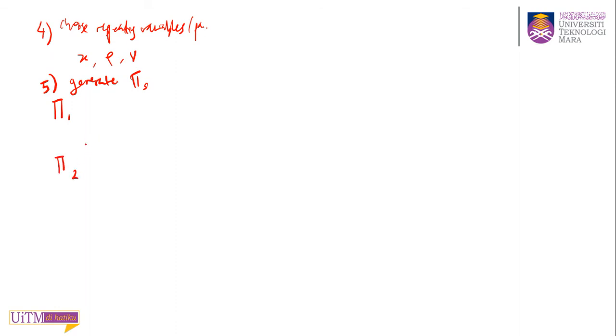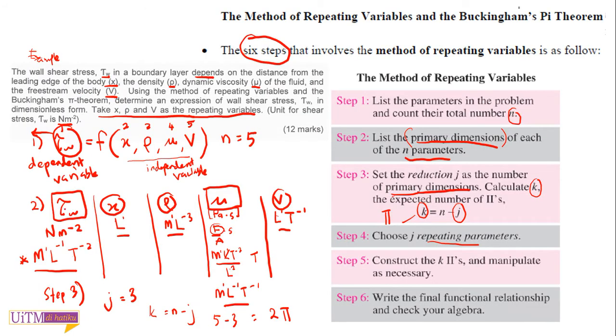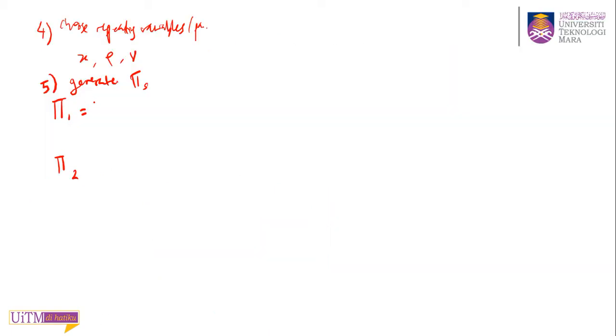So how can we generate these 2 pi? Let's say for the first one, pi 1. We will use the non-repeating variables tau and mu, and the repeating variables. For the first one, we will take our first non-repeating variable tau and multiply with the repeating variable, which is the x, x exponential of a1.